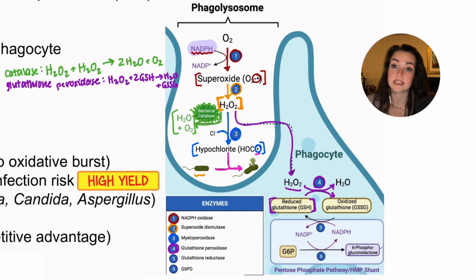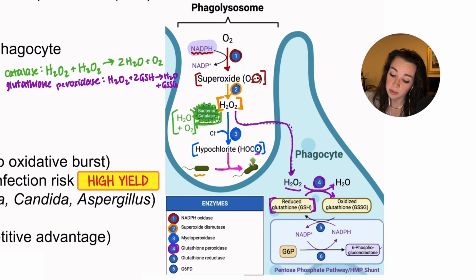A peroxidase is going to take 1 peroxide and then another source of reducing power and make different products. So instead of 2 peroxides, it's 1 peroxide and 1 something else. In this case, the something else is reduced glutathione. And we're still forming water, but then our other product is going to be the reformation of the oxidized glutathione.